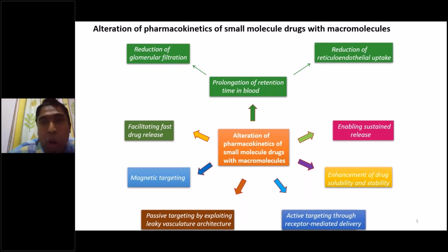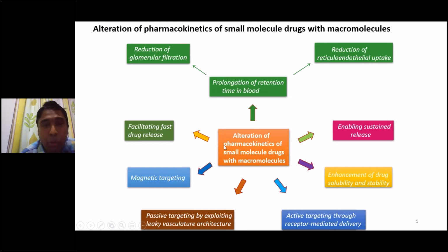They cannot go to all the tissues, and because the nanoparticle size becomes bigger, they cannot be cleared by the kidney, because for kidney clearance the size should be around 5 nanometer. So you can prevent kidney clearance, you can increase the half-life in the blood using nanoparticles.